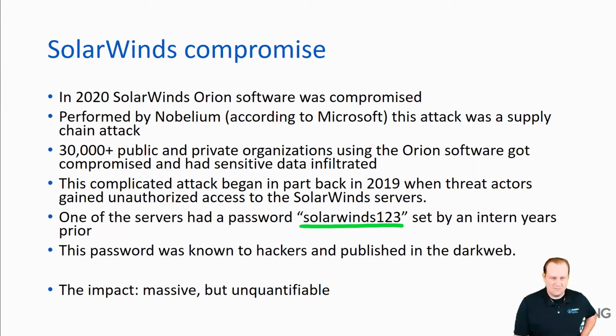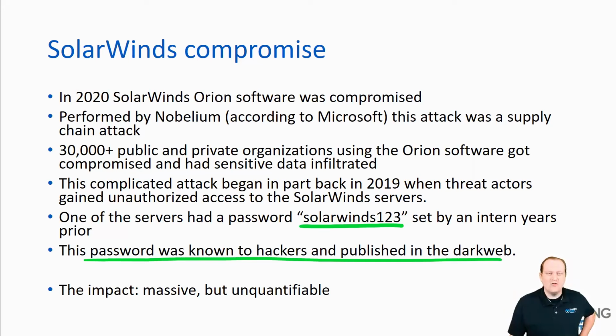This password got leaked to the dark web long before this happened. People in the dark web already knew the password was SolarWinds123, meaning the bad guys already knew it. And supposedly, somebody had sent in a message to the company like, hey, by the way, did you know one of the passwords for your servers is being leaked to the internet? No action was taken.